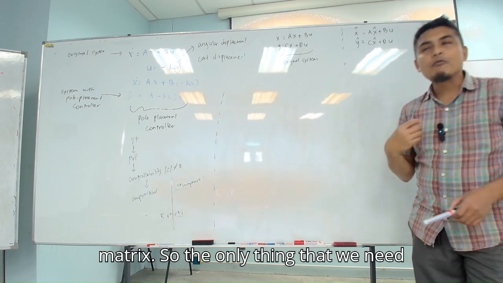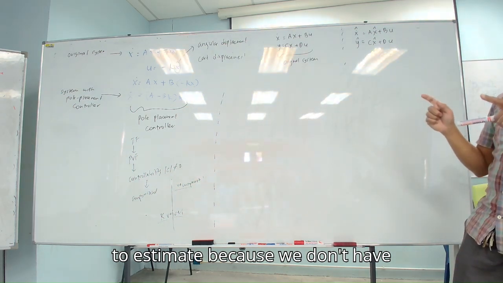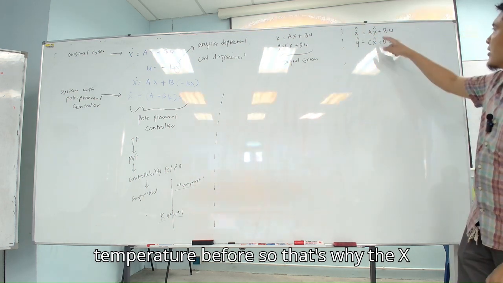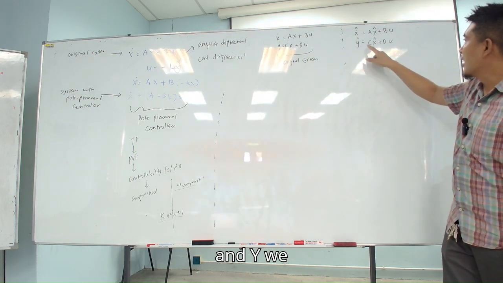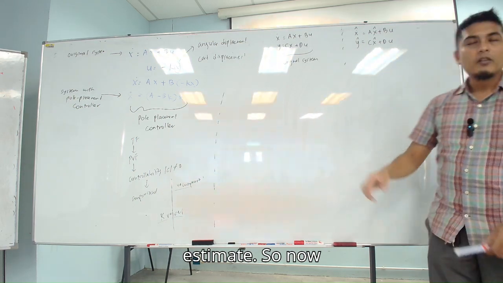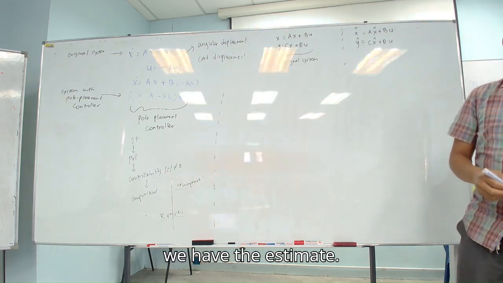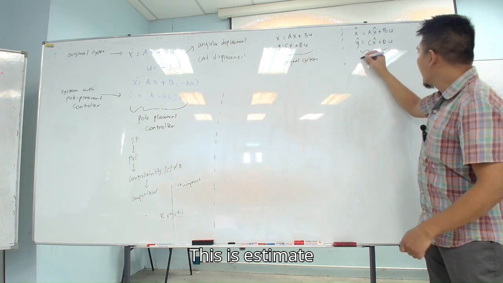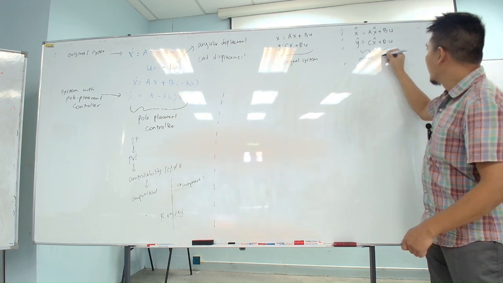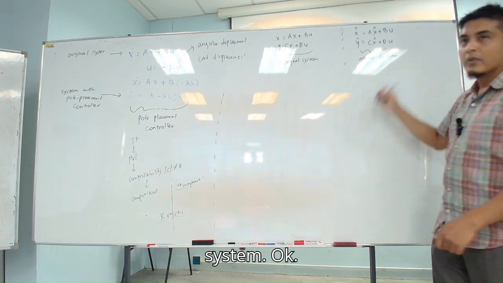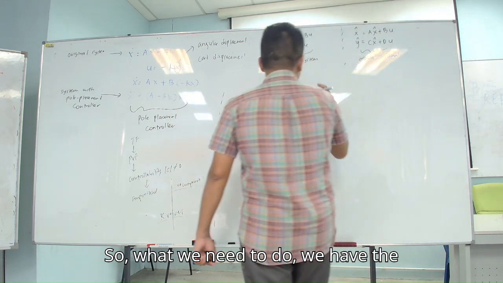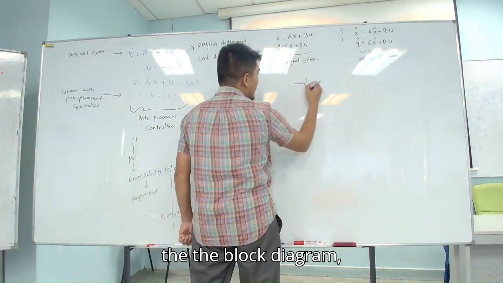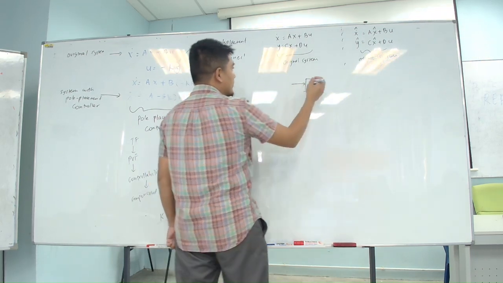So the only thing that we need to estimate, because we don't have equipment to withstand the high temperature before, is X and Y. So now we have the estimate system. What we need to do is, we have the original system, we sketch the block diagram.